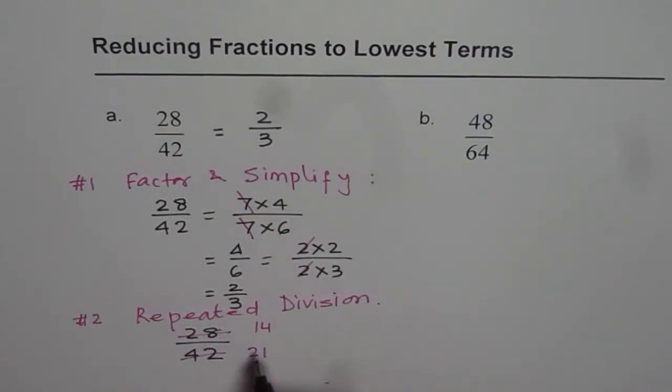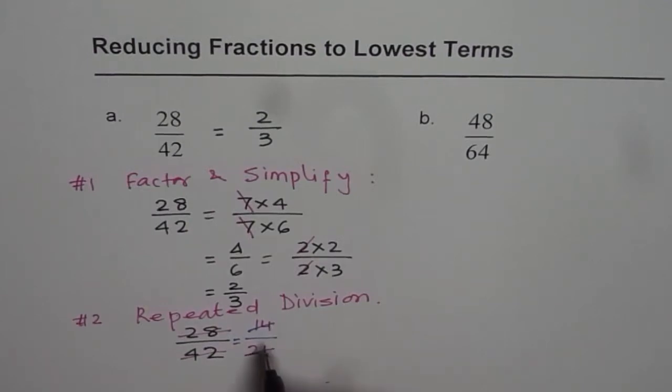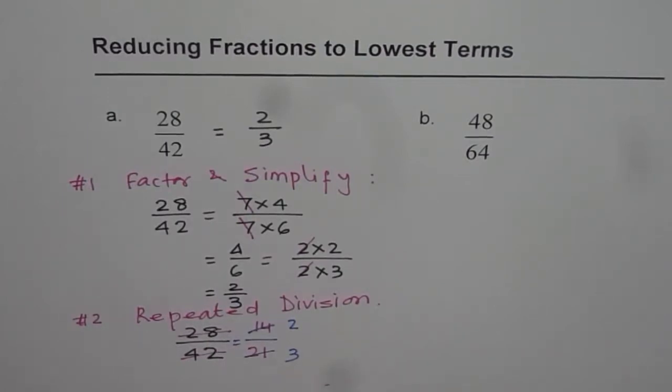Now 21 and 14, do I have something in common between them? 7 is common between them, so we'll divide them by 7. 7 times 2 is 14, and 7 times 3 is 21. So 2 over 3 is what I get.